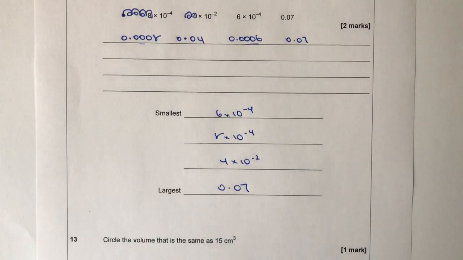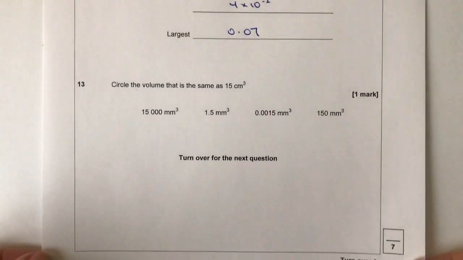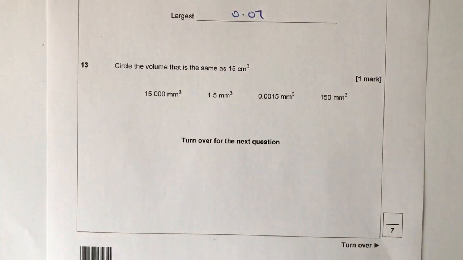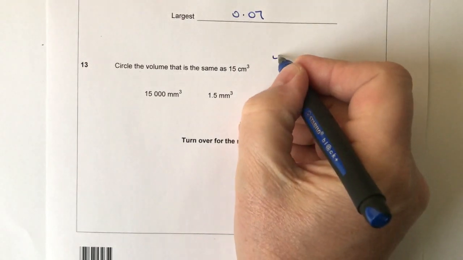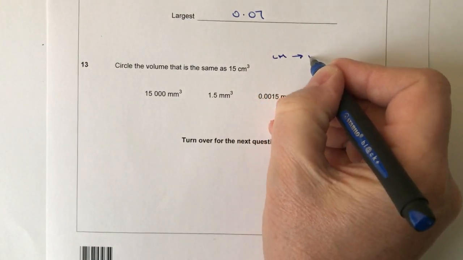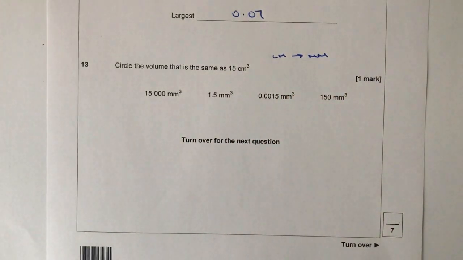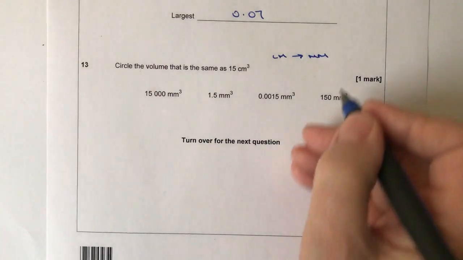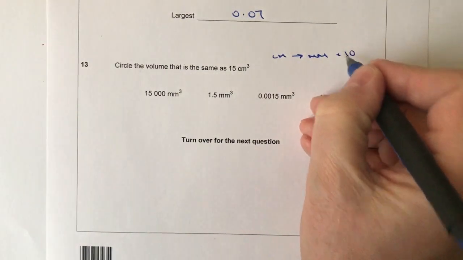Let's have a look then at question number 13. And it says circle a volume that is the same as 15 centimeters cubed. All right. Again, be really careful about this, because if you were looking at a direct linear conversion, then it would simply be centimeters to millimeters, and because I know that there are 10 millimeters in a centimeter, I just multiply by 10.